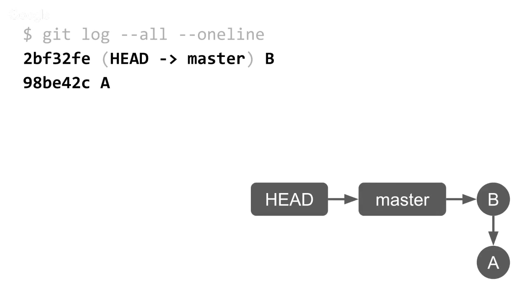Someone may think, okay, master contains commit A and B. Someone else can say master is just a label that points to commit B. And now, if we wanted to print all the commits on the branch master, we would say git log master, and Git would follow the pointers from master to B and from B to A to find all the commits that are there on the branch.